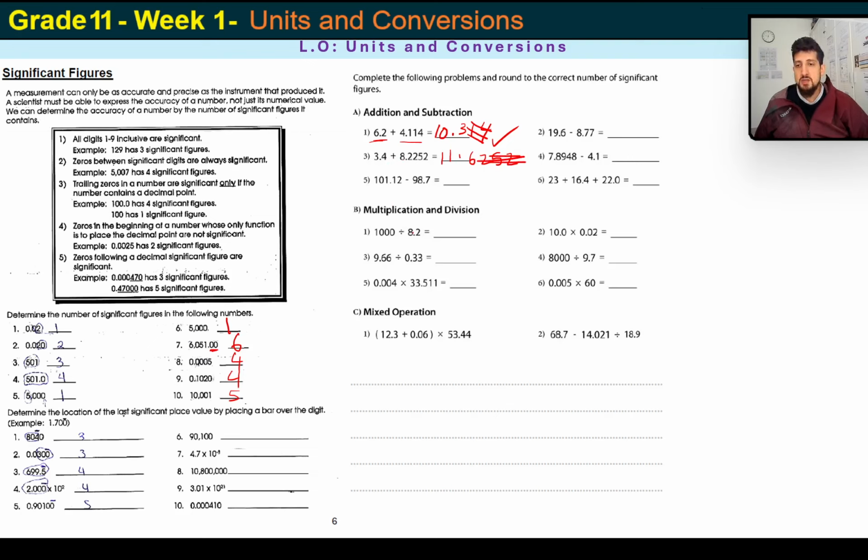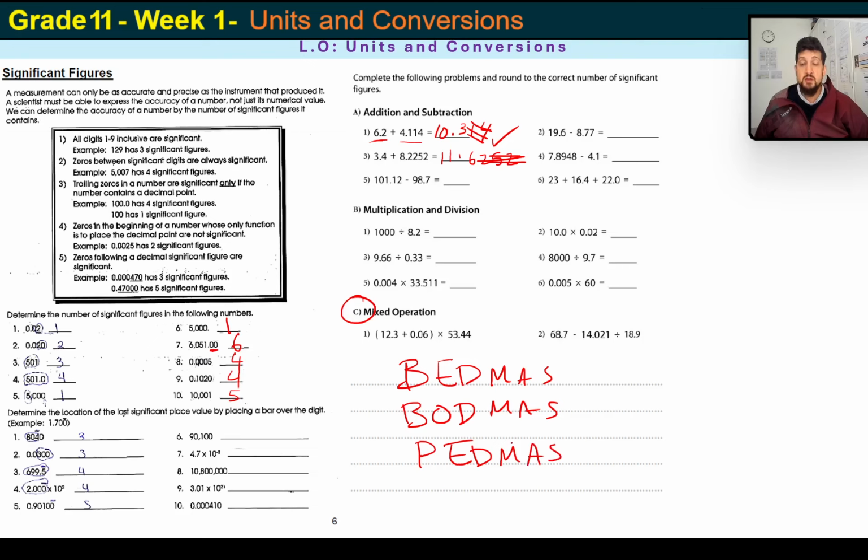And for, let's just jump all the way here, mixed operations. If you're doing mixed operations, we always follow BEDMAS or BODMAS or PEMDAS. That depends whether you're American or from the UK or whatever, but it's basically all the same.